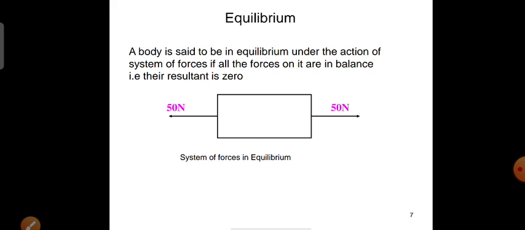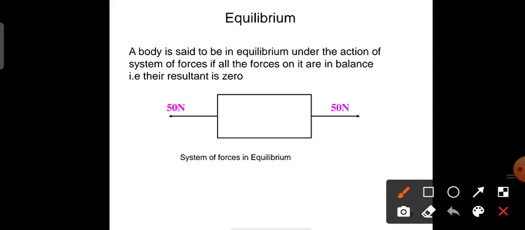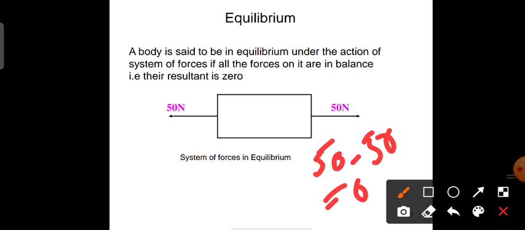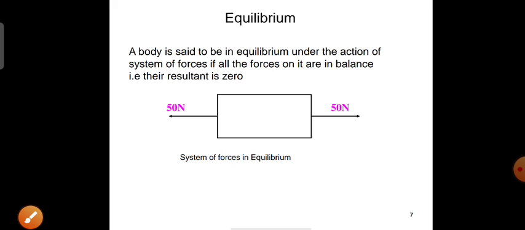So the sum of the effect of these forces: it is in positive x direction, so plus 50, and in negative direction, so we take minus 50. So plus 50 minus 50 becomes 0. That means the effect of the forces is becoming 0, the resultant is becoming 0. So these two forces are in balance, and whenever these forces are in balance, we can say that body is in equilibrium condition.